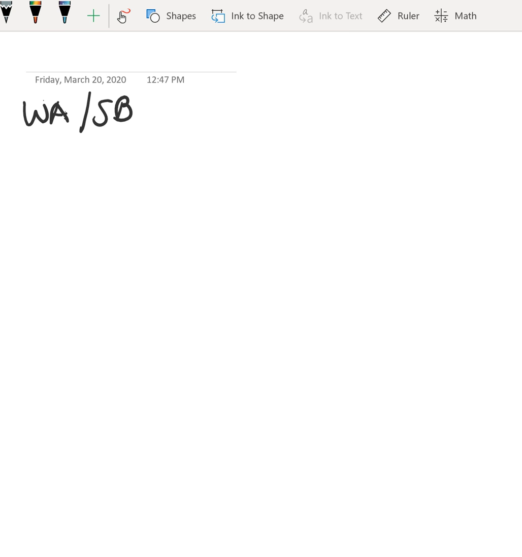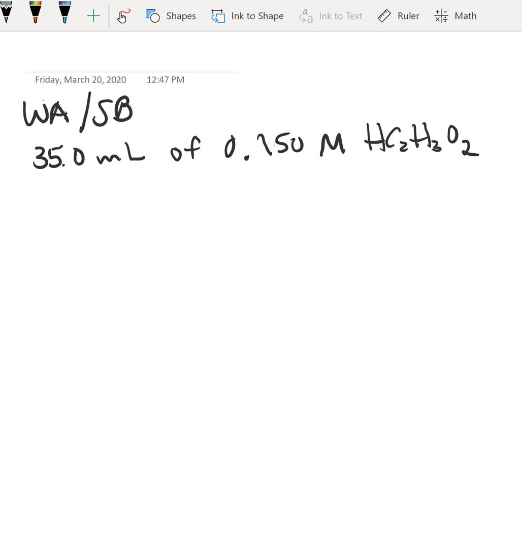And in this case, I'm going to have 35 milliliters of a 0.150 molar acetic acid, so HC2H3O2, and I'm going to titrate this with a 0.2 molar NaOH.